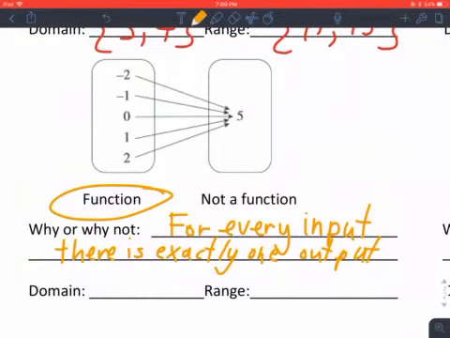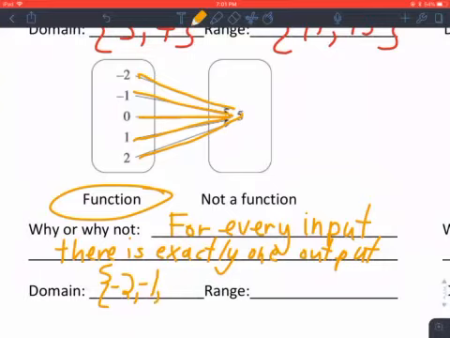Okay, so they all have the same output, which is fine, but there is just one output for each of these. You don't see 2 arrows coming from the same input value. So this is a function right here. My domain is -2, -1, 0, 1, 2, my x values. And my range is just one number. My range is 5.